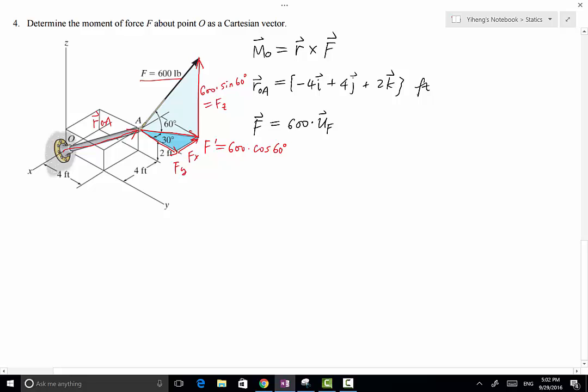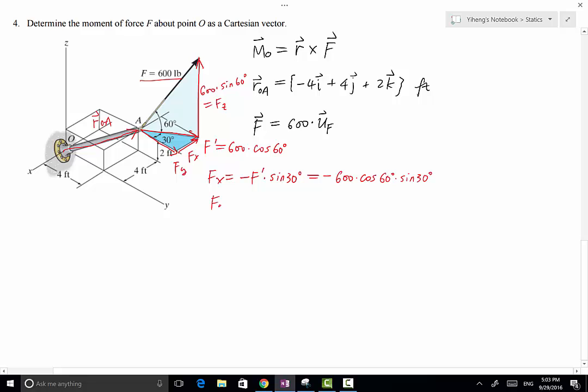Therefore, we can further resolve F prime into the x and y components, and from there we can see that Fx equals, in magnitude, F prime times sine 30 degrees. But because it points to the negative x direction, that's negative F prime times sine 30 degrees, which equals negative 600 times cosine 60 degrees times sine 30 degrees.